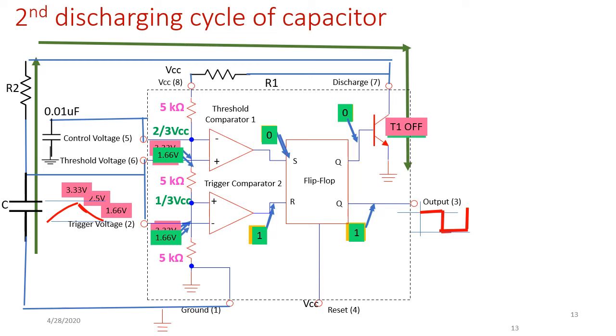This will make the flip-flop reset, and as a result the output will become 1, and the transistor will go off. So this discharge cycle will complete here, and again the charging and discharging cycles will go on.